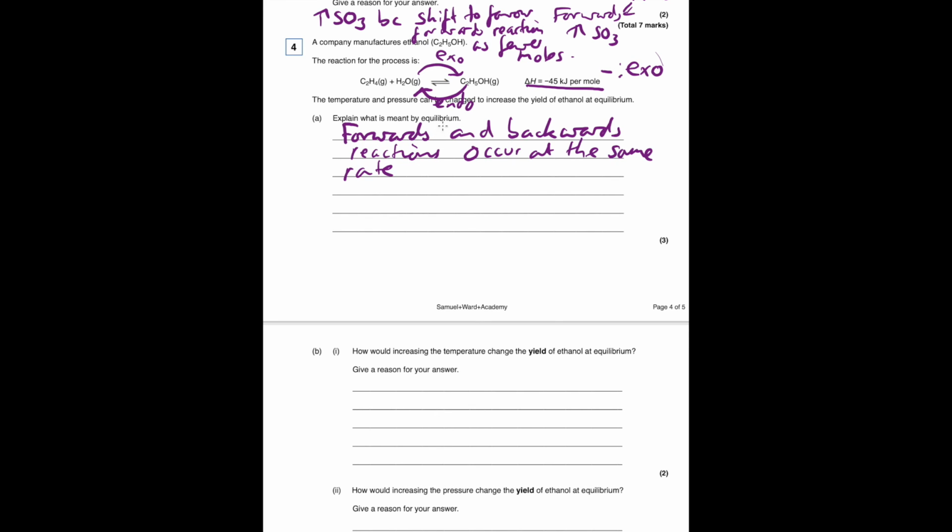And we should also state the condition that's needed for that equilibrium to happen, and that's that it's a closed system, because no reactants or products can escape.